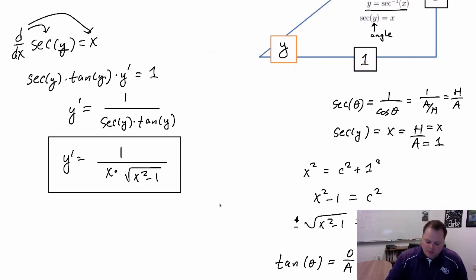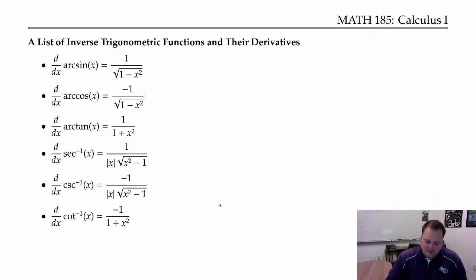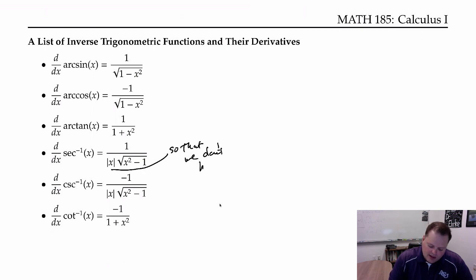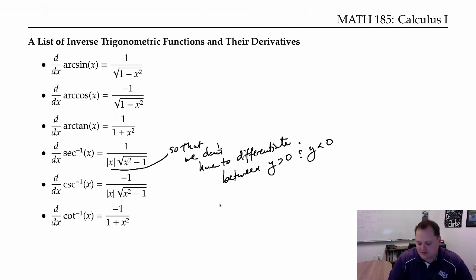So if you want to see the completed formulas here, these are the completed formulas, and keep in mind the absolute value here is so that we don't have to differentiate between y greater than 0 and y less than 0.